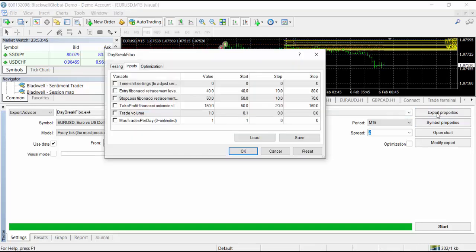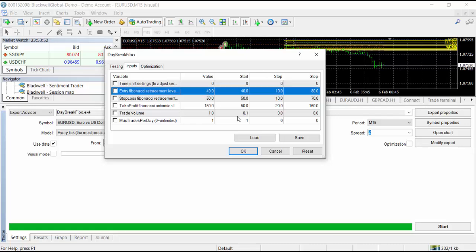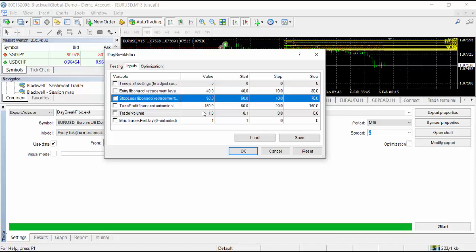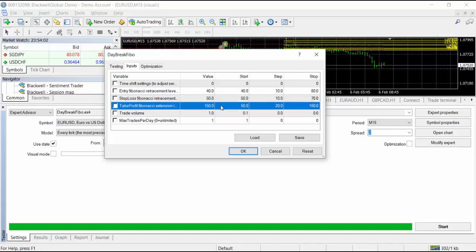So here in expert properties is where we have the settings, and just to be very clear, again, no trading recommendation. This has already triggered the entry at 40% Fibonacci retracement, stop loss at 50, and take profit at 150. So when you look at the percentages, very, very tight money management.